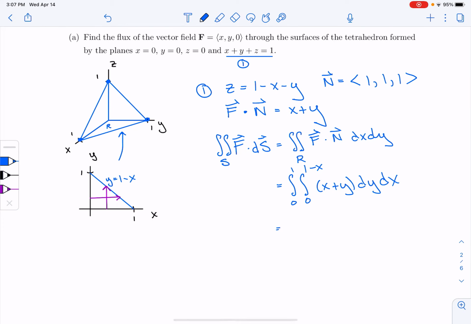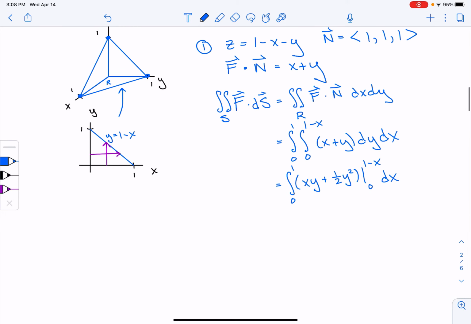Well, that's going to give me the integral from 0 to 1 of, integrating dy, xy plus 1/2 y squared, all of that evaluated between 0 and 1 minus x. And I've got to integrate that dx.